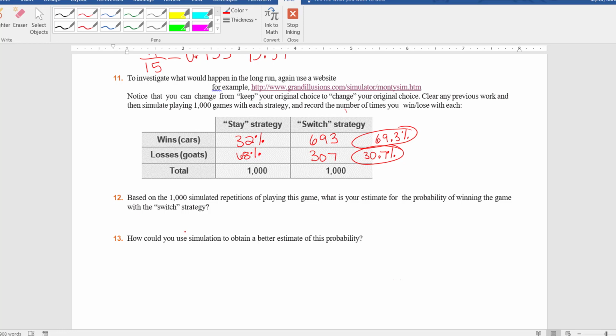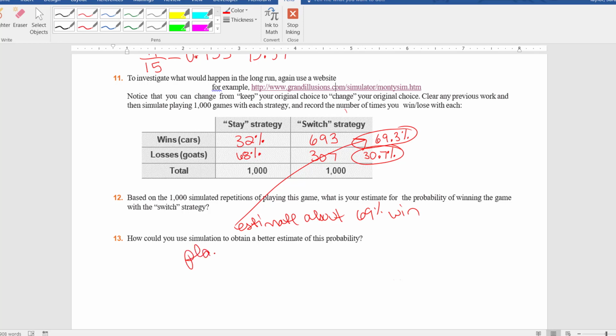So number 12 asks, based on the 1,000 simulated repetitions of the game, what's your estimate for the probability of winning the game with the switch strategy? So it seems like the estimate is about 69% of the time that you would win. How could we use simulation to better estimate this probability?